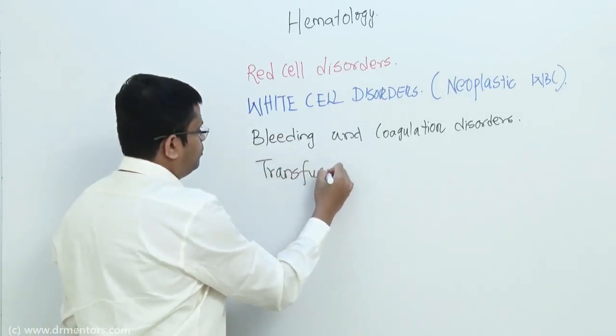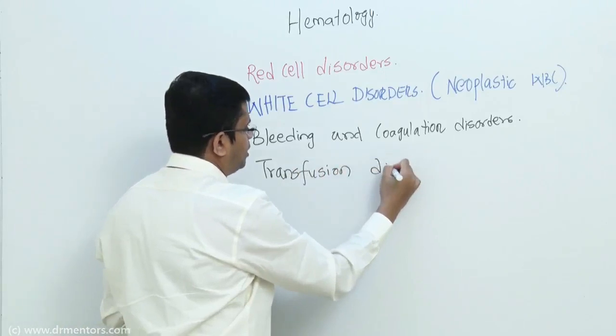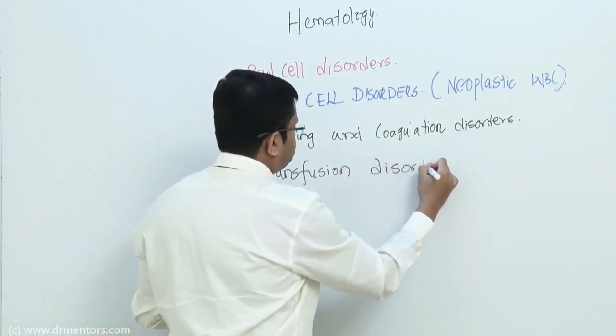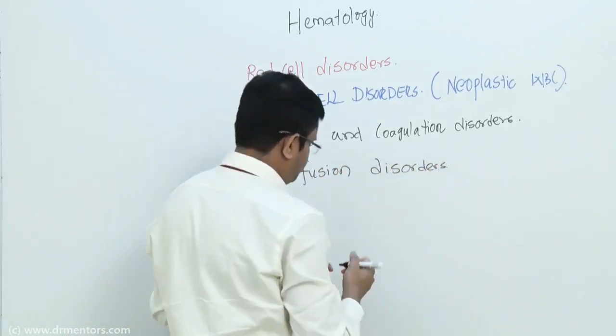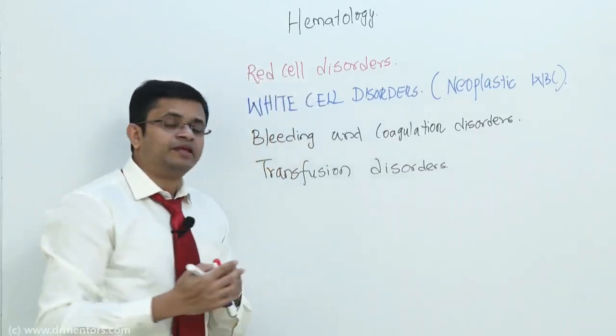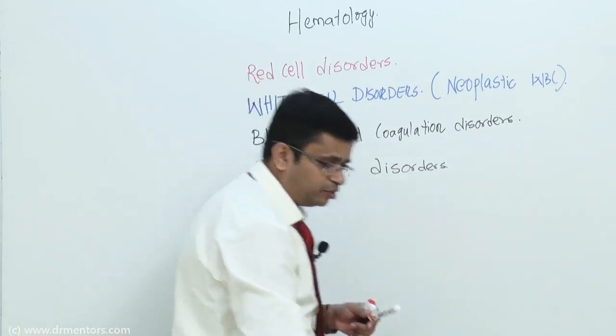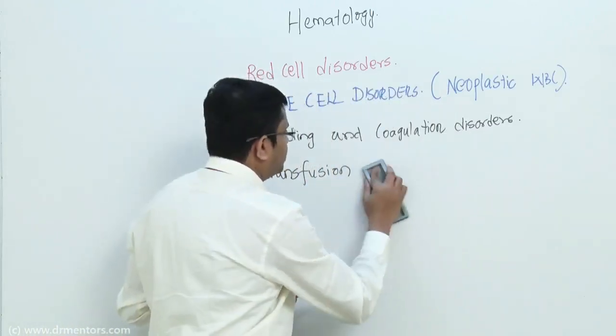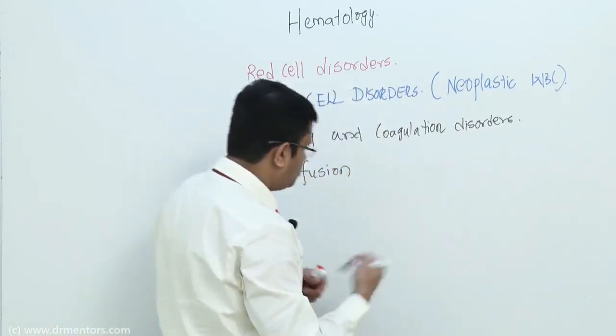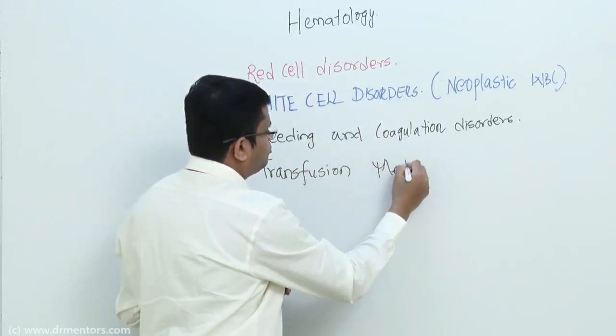Because this is where we are often also getting questions from the transfusion disorders. So transfusion medicine is the best way to call this rather than transfusion disorders. So we'll talk about transfusion medicine in detail.